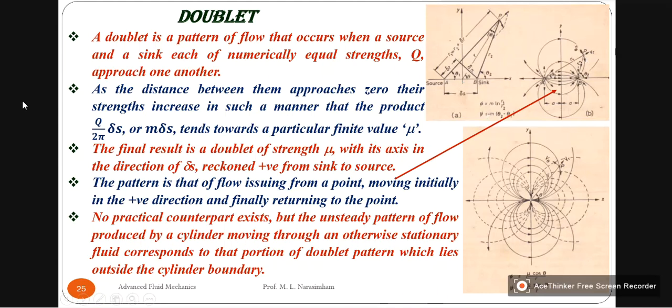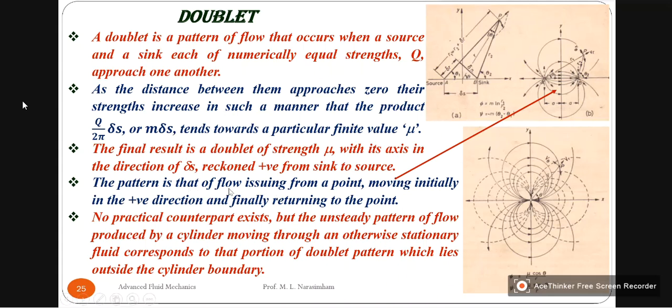Now with respect to this center, the sink is moving in this direction, which means it is increasing the flow in this direction. So that is the reason why we consider the direction from sink to source as positive, right?